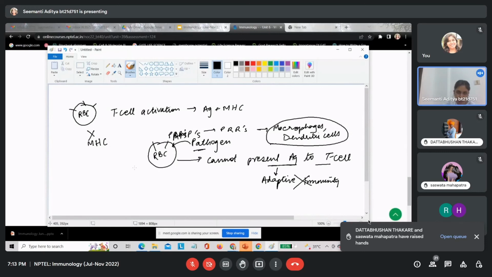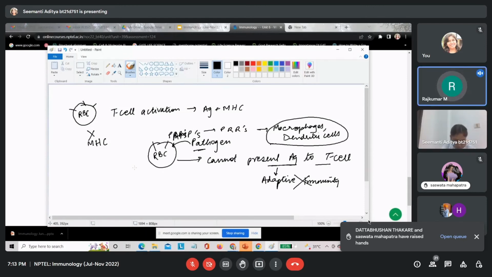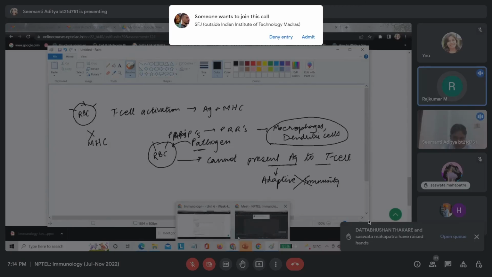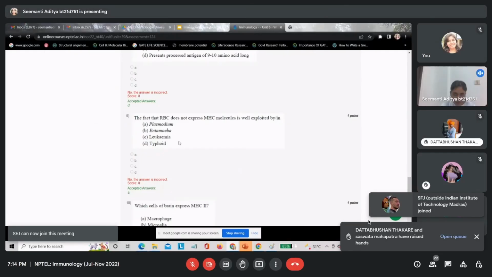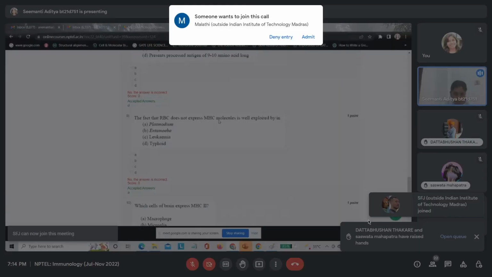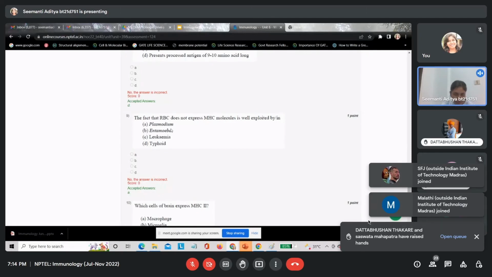RBCs will not be able to present antigen, so there will not be any specific immunity against this Plasmodium. Did you understand? This was the question: the organism that attacks cells that do not express MHC molecules is Plasmodium.